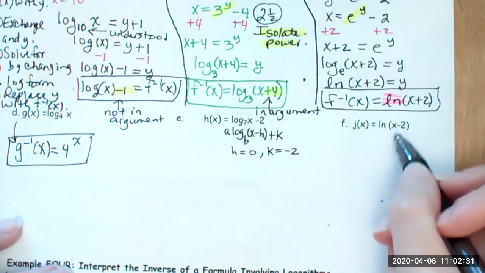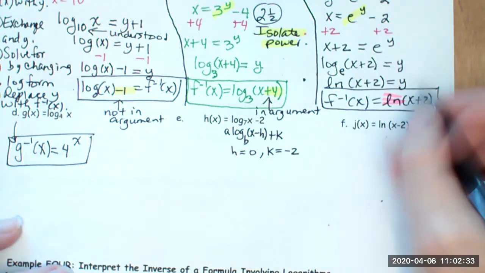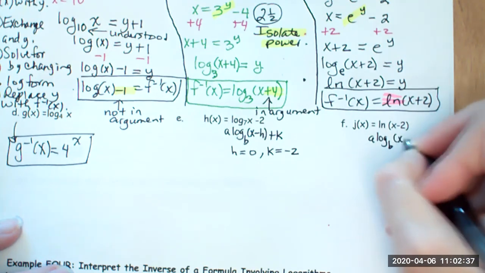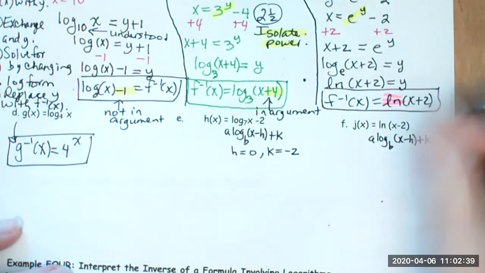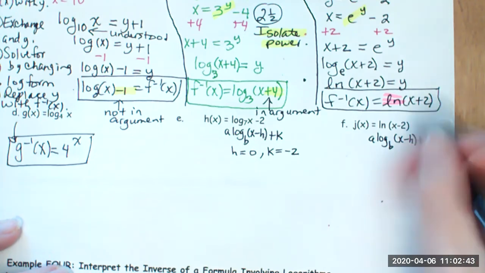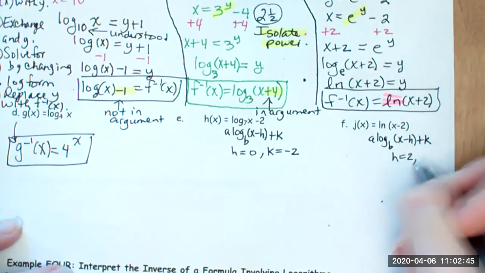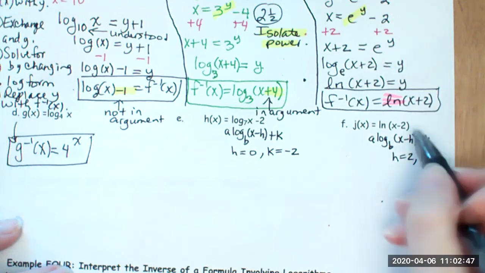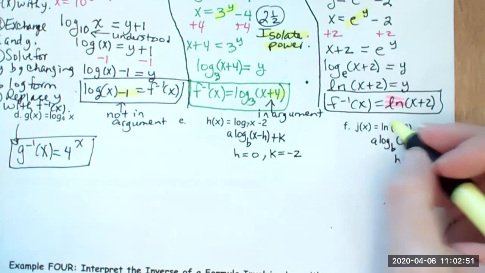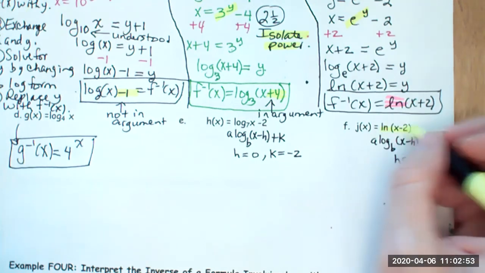And vice versa, compare that to over here. We have a times log base b of x minus h plus k. Here, notice that we don't have a k term. Here, h is equal to 2, k is equal to 0. So here, the log is isolated, so I'll highlight the isolated log. Here, the log is isolated.